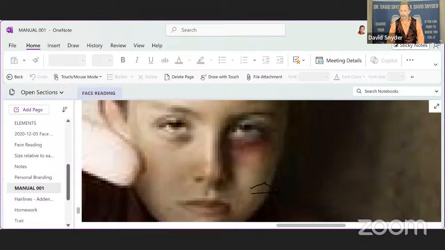This one's a little pixelated, but if you look, you can see that same triangular shape to the eye.